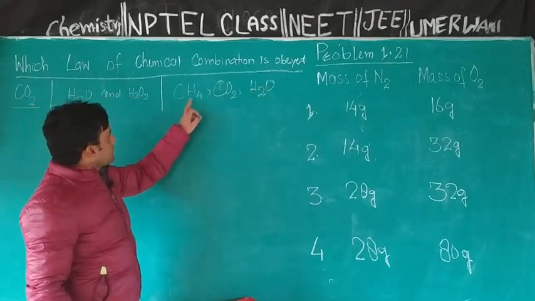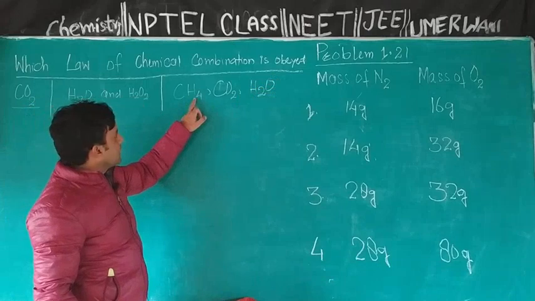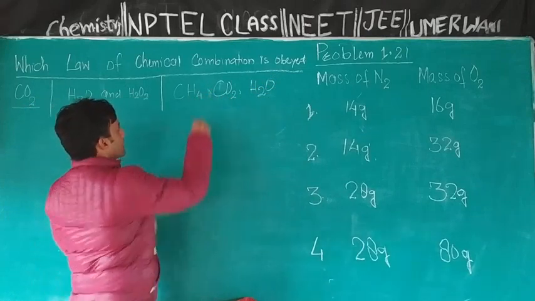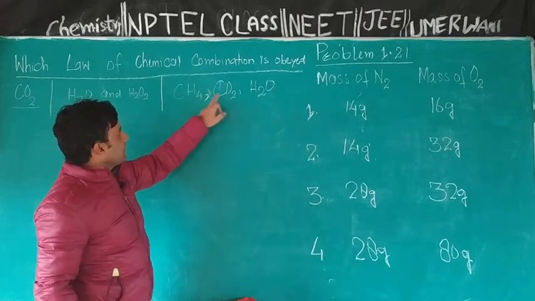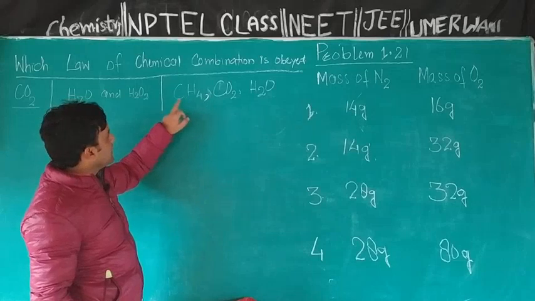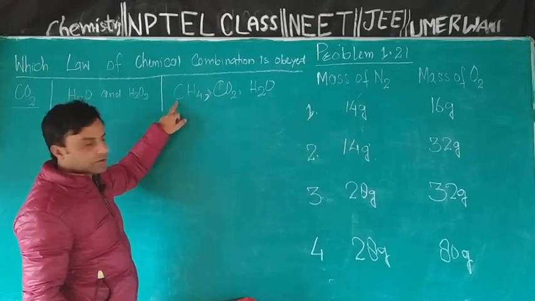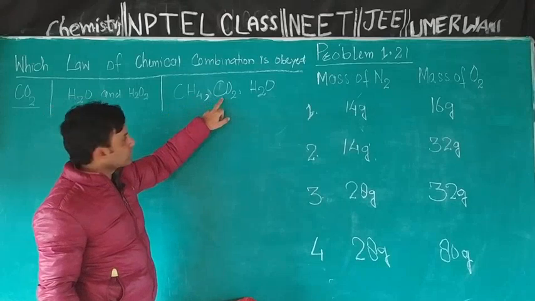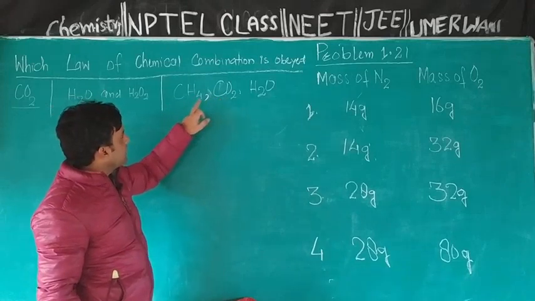Hydrogen and oxygen are two different elements. They have combined separately with a fixed mass of carbon. 12 grams of carbon here, 12 grams of carbon here.